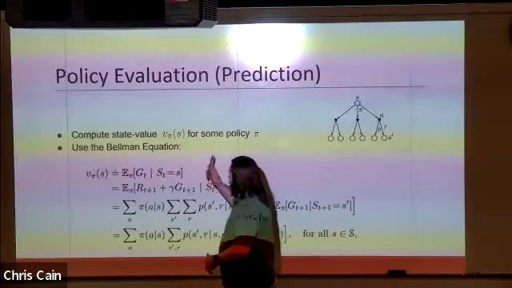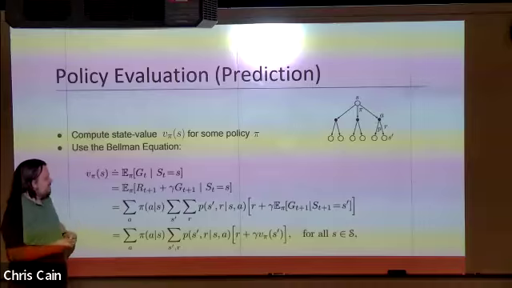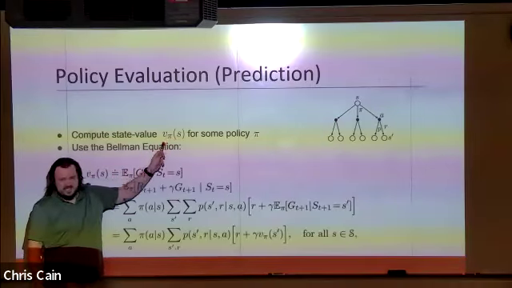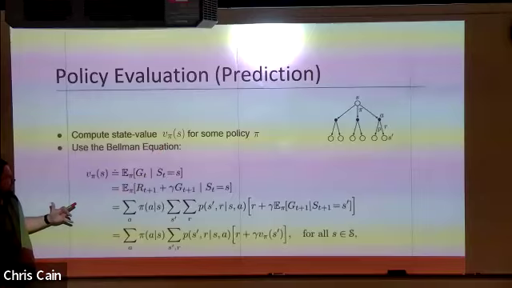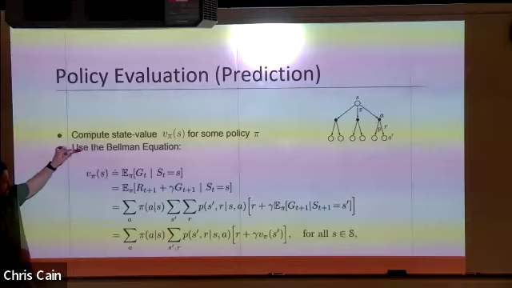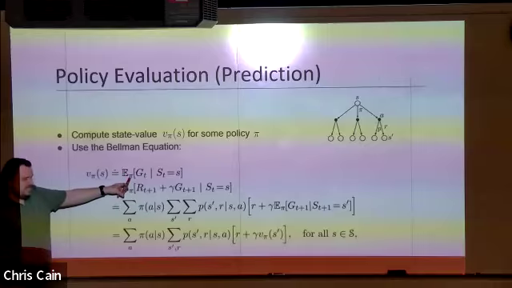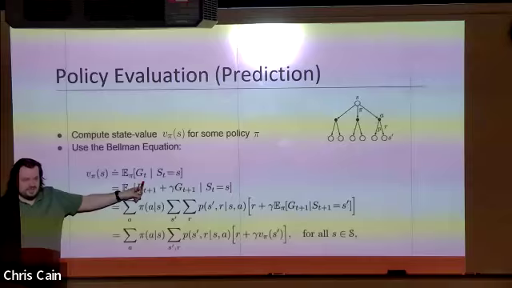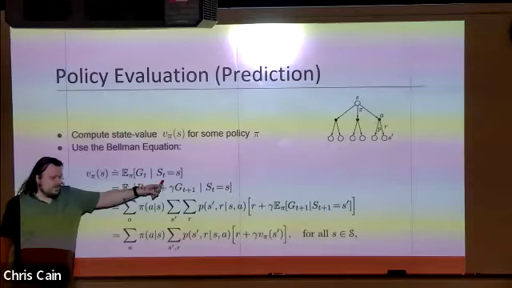So we want to figure out how good it is to be in each state. What is the value of being in this state according to that policy? And to do that, we again use the Bellman equation. So this should start to look familiar. The value of being in a state is the expected value according to that policy of everything that could come after, the return from there, given that we're in this state.